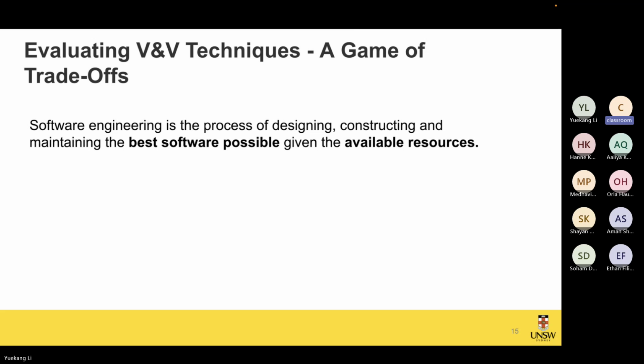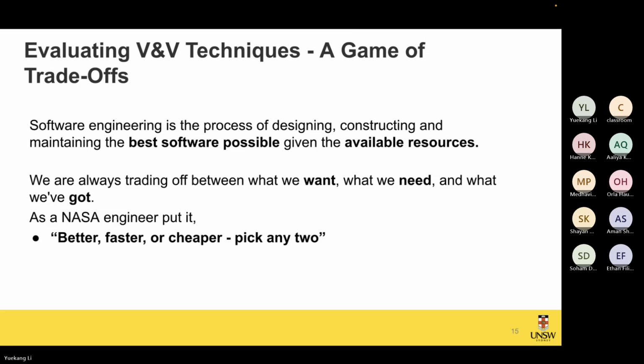So software engineering itself actually is a process of getting the best result from a limited set of resources. Like other software engineering problems, we often need to have the trade-off between what we want, what we need, and what we have, right?